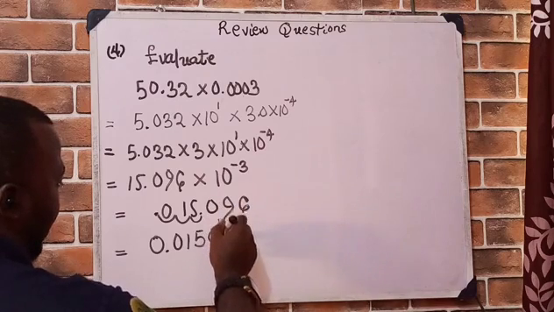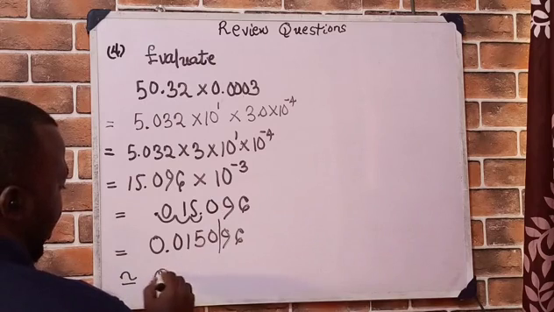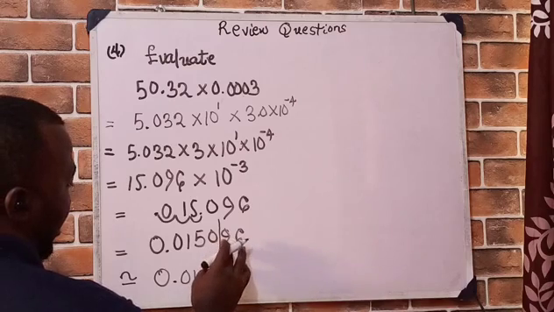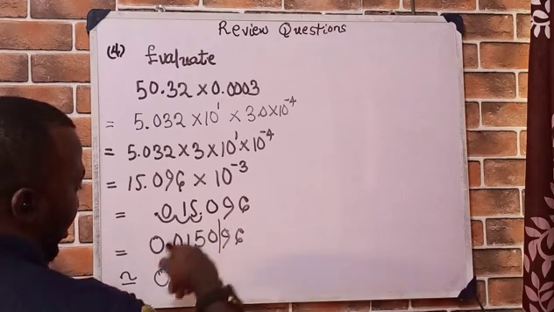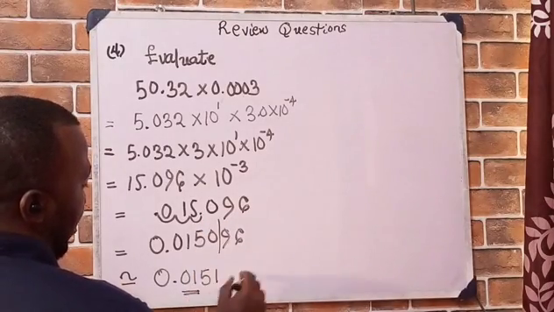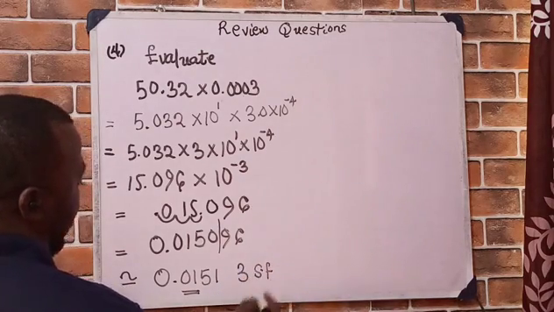I'll put my line at the back of it and then approximate. Now give me 0.015. This number here is equal to 5. Turn it to 1 and then add 1 here. That will give me 0.0151. That's the 3 significant figures. That's my answer.